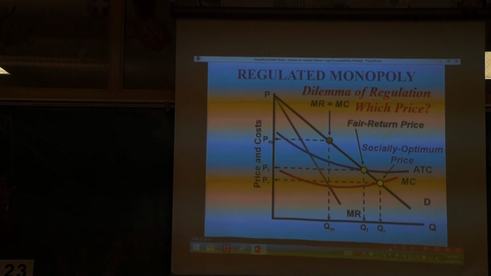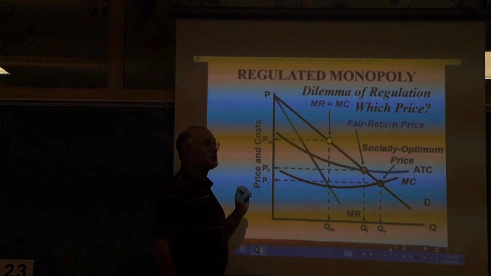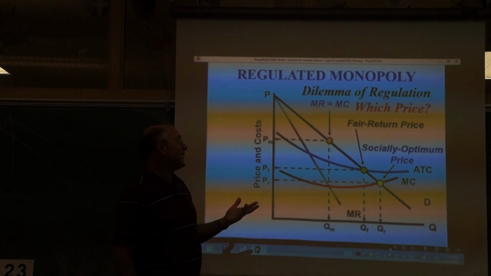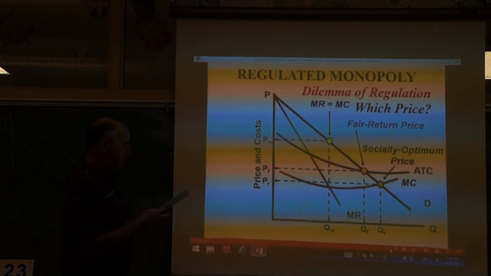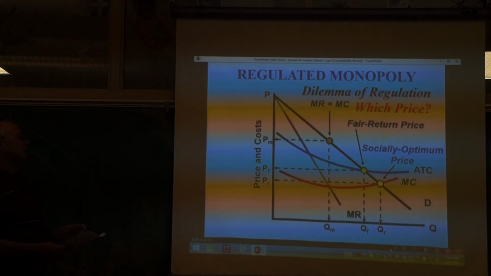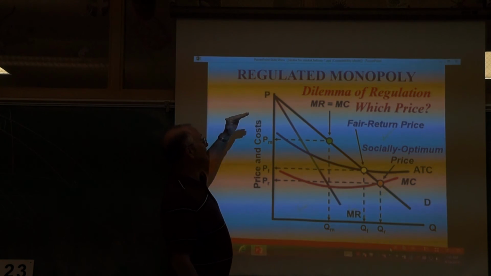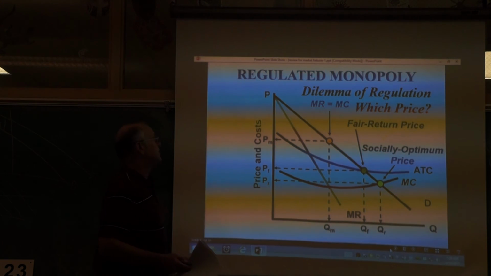But at any time, just remember, government regulates the price. So if they ask you, what would government regulate at fair return, it's PF. Okay? It's just the price. Any questions on that? Okay, and again, because this is a natural monopoly, MC is below ATC.